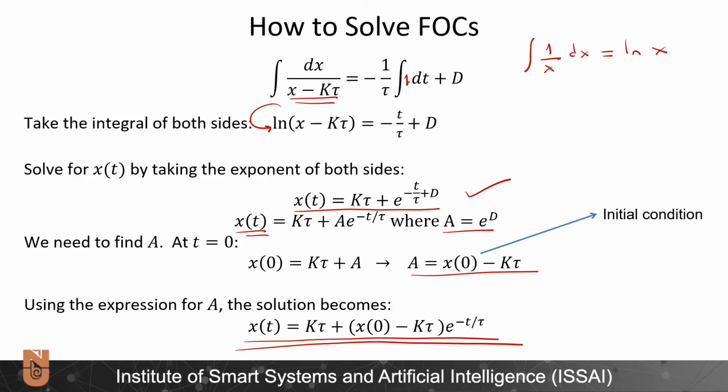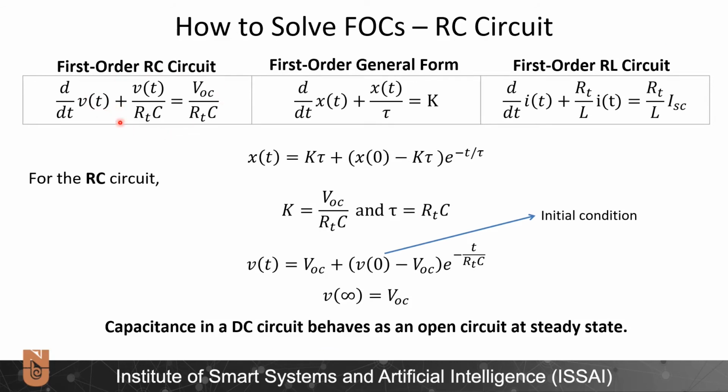But this was for a circuit in which we just had a constant input to the circuit in the form of V_s. Again, let's remember this is our first order RC circuit. This is our circuit's first order in the general form, and here I have my first order RL circuit with the inductor.